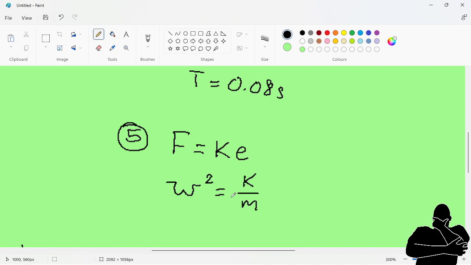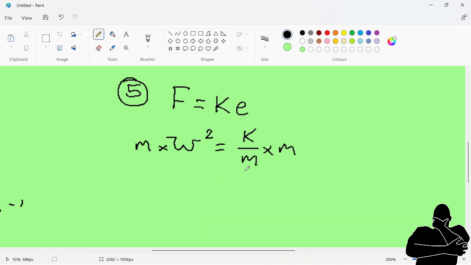Somewhere when you're deriving the equation, you come to this. And this is the part where I said I was going to touch on a little bit of the derivation, but I'm not going to go too in-depth with it. All you need to know is that omega squared is equal to k over m. So if you want to find k, all we have to do is just square omega and then multiply it by m. And then we're left with k.